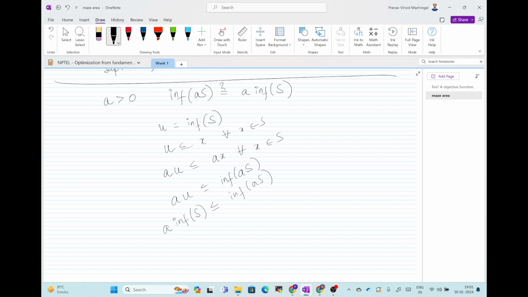So we get one side and we take the other side. V equal to, we say, V is less than or equal to ax for all x in S. So V by a is less than or equal to x.